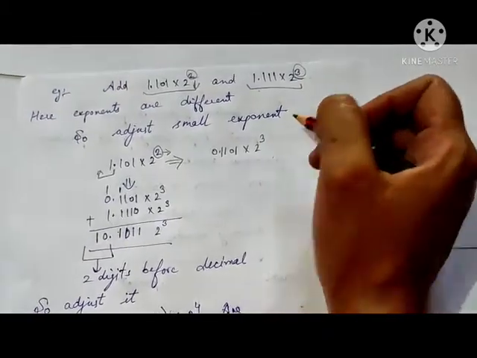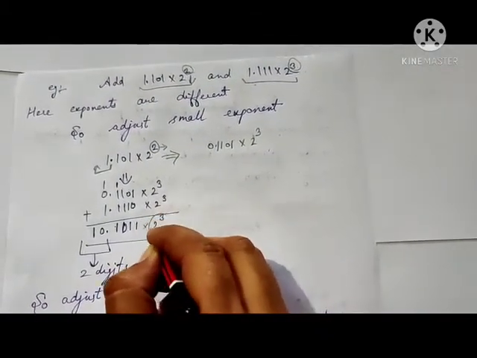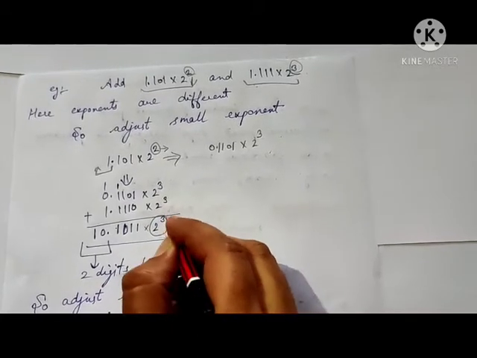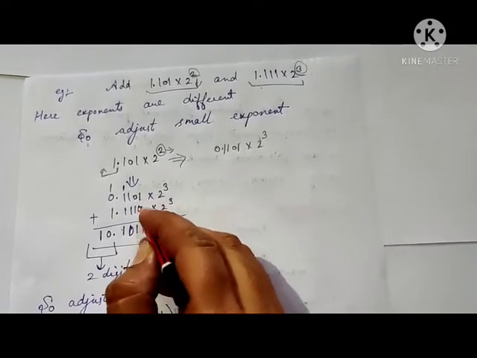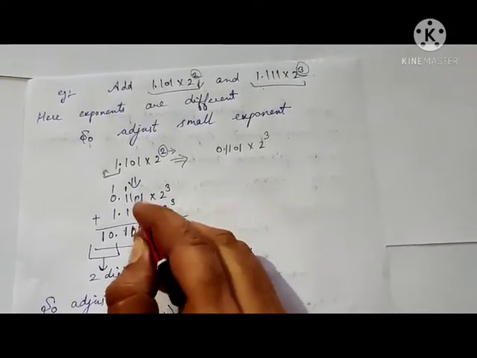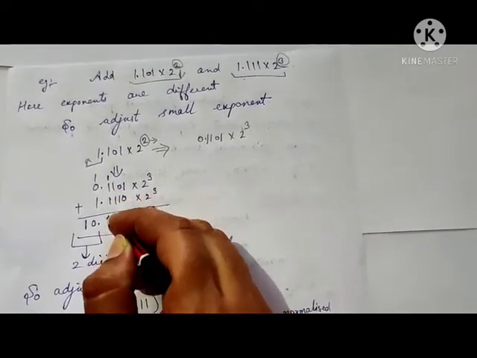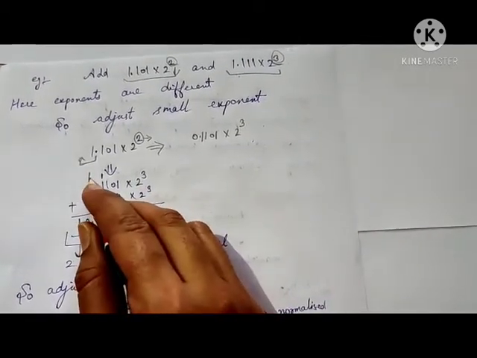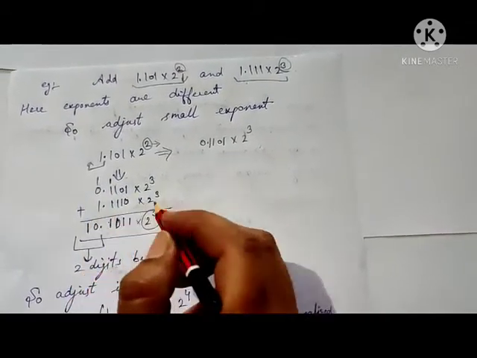Now we can add these numbers. Leave the exponent part as it is, and add the mantissa part. 101, 011, 110 and 1 carry, 111. 3 ones are there, so the sum is 1 and the carry is also 1. 110 and 1 is carry.